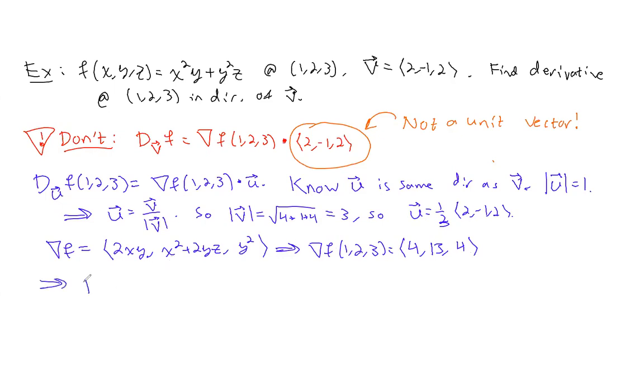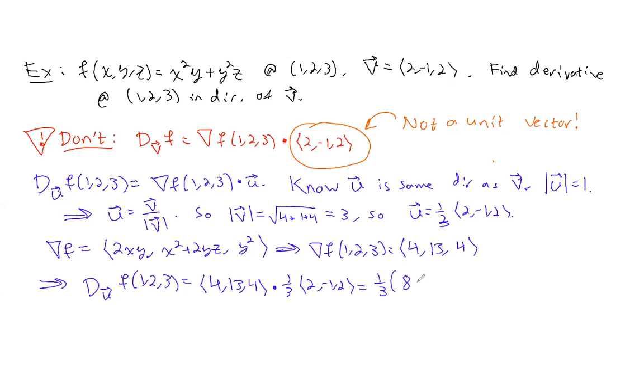Now we're ready to say that D_u f at (1, 2, 3) is going to be (4, 13, 4) dotted with 1/3 times (2, -1, 2). Here's a little trick you can do, by the way. You can bring the 1/3 out front, there's no problem with that.